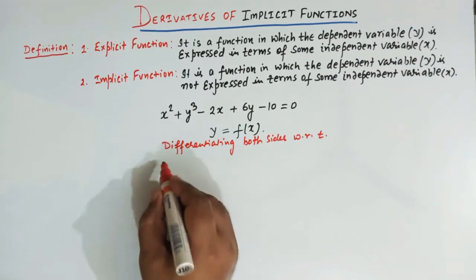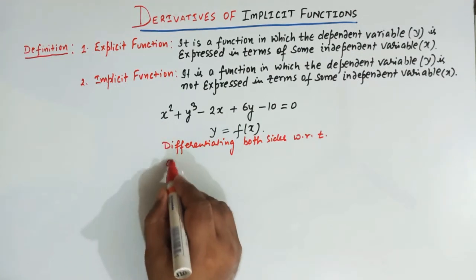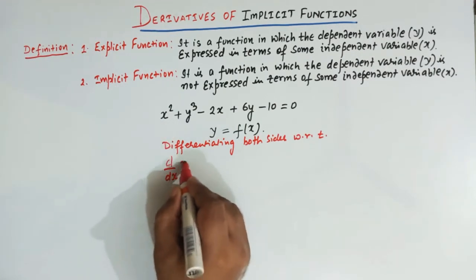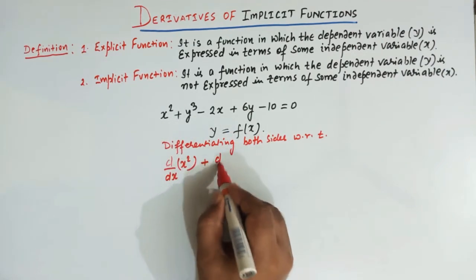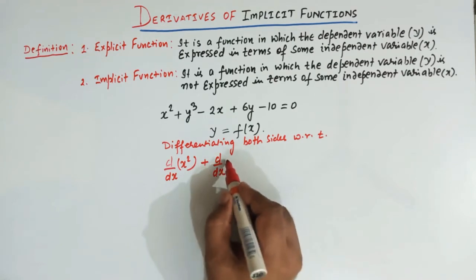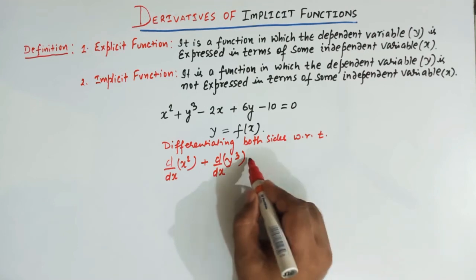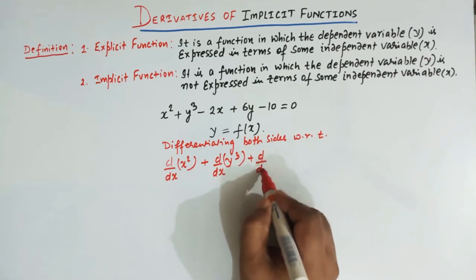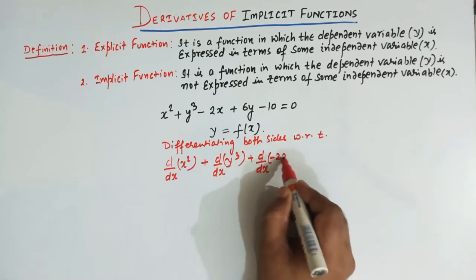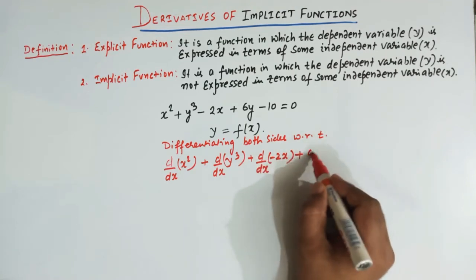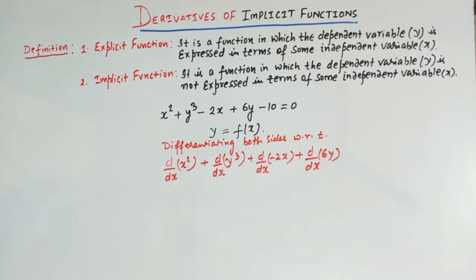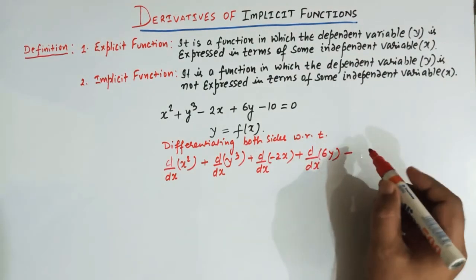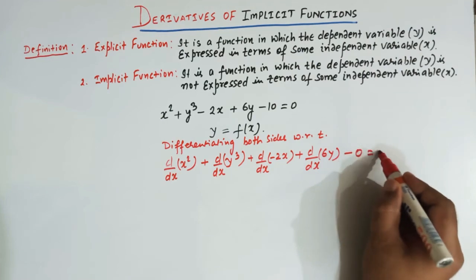So let us first write it in this way. We have d by dx of y cube, then we have the derivative of minus 2x, and then we have the derivative of 6y, and the derivative of 10 is 0, right?